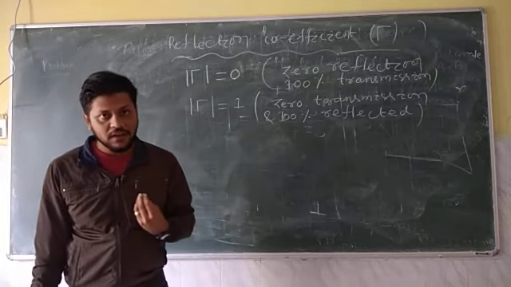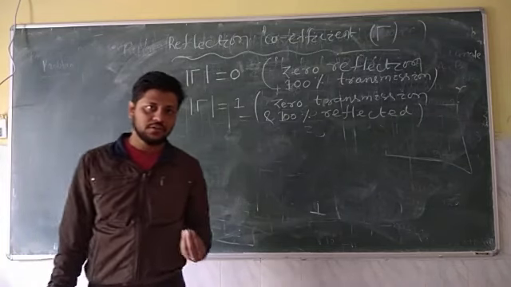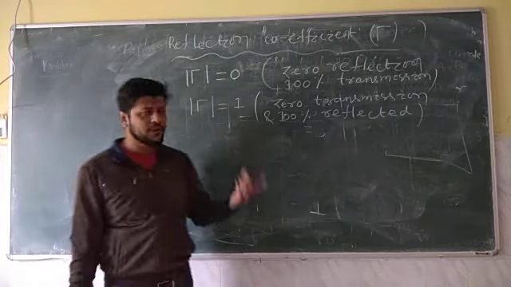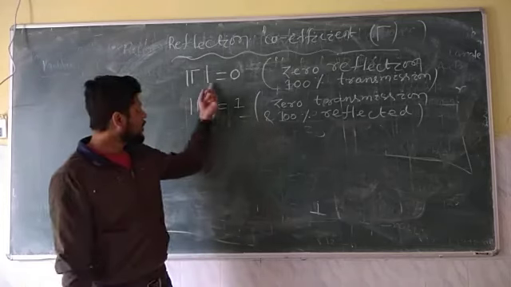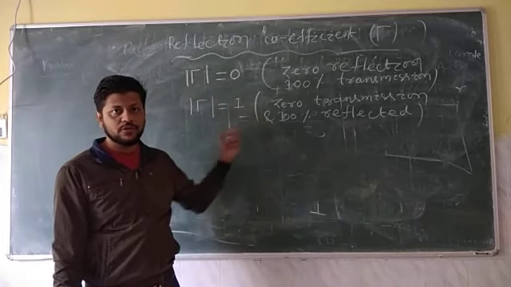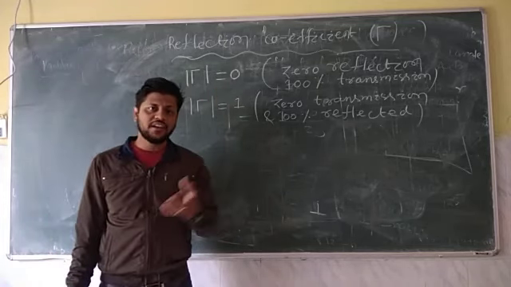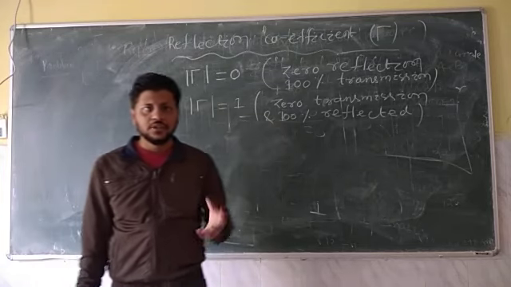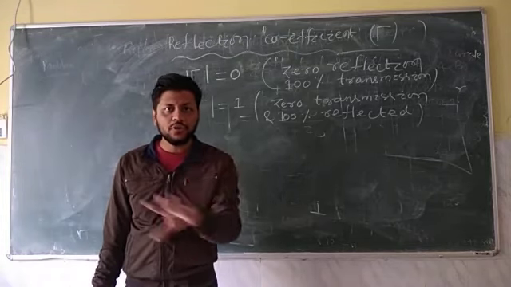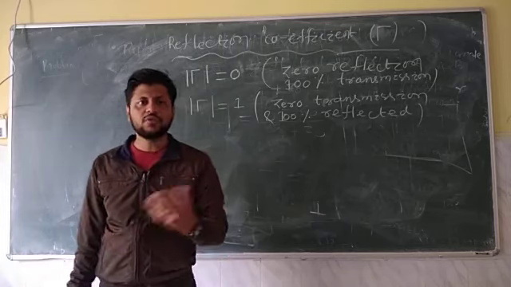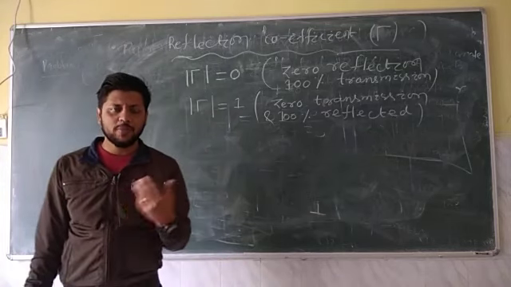Nearly 100% reflection and 0 transmission. So always remember, gamma minimum value is 0, gamma maximum value is 1, and in practical cases we will find the value of gamma in between 0 and 1, that is 1 by 2, 1 by 4, 1 by 3, like that.